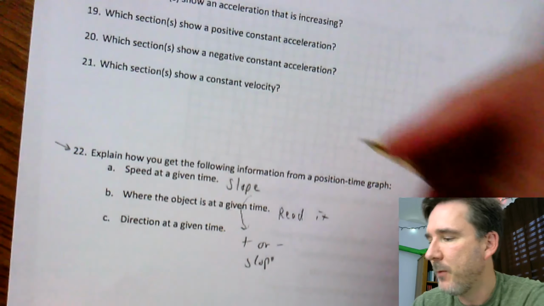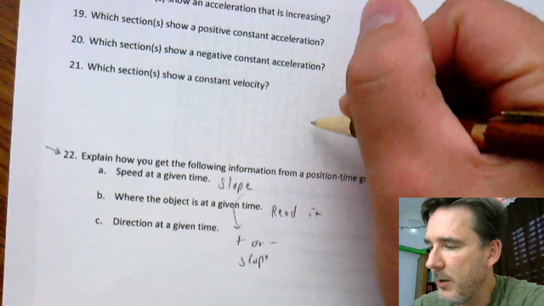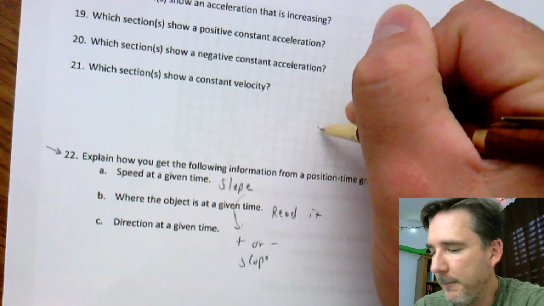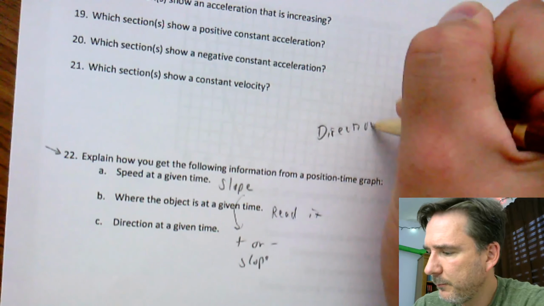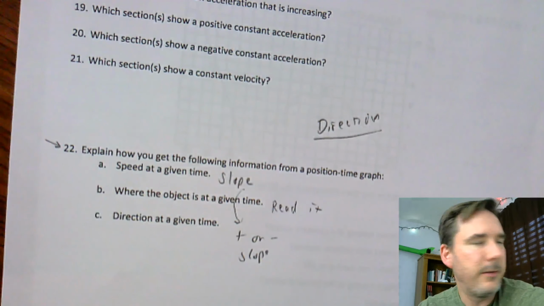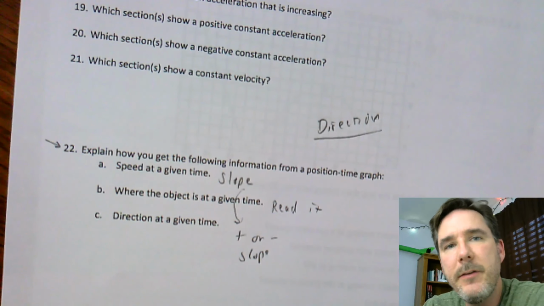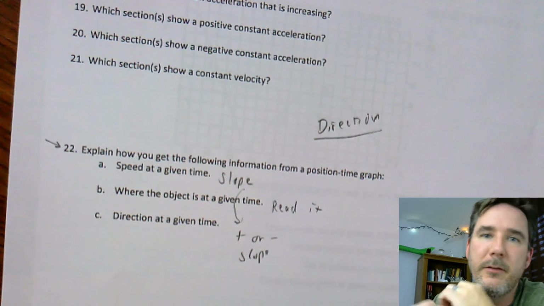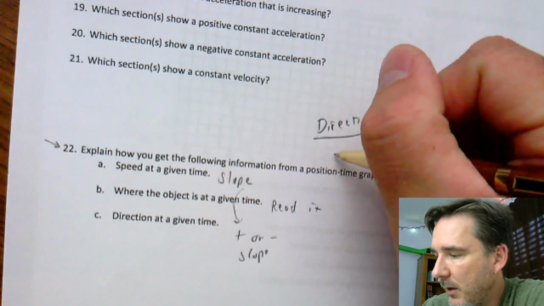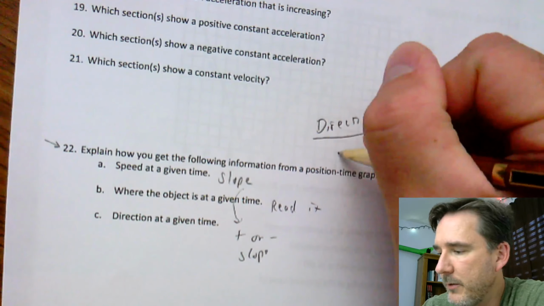The only thing I would say, I'll mention it now and again later, is there are two things you want to look out for when describing motion. You want to make sure you can find its direction. In terms of a position time graph, if the slope is positive, it's moving in the positive direction. If you get a negative slope, it's moving in the negative direction. And you can also tell what's going on with its speed.